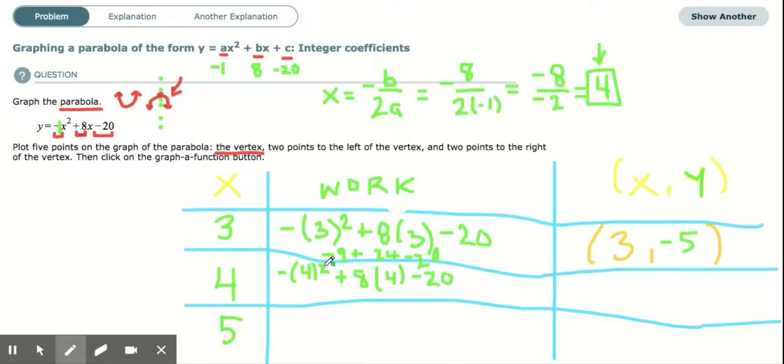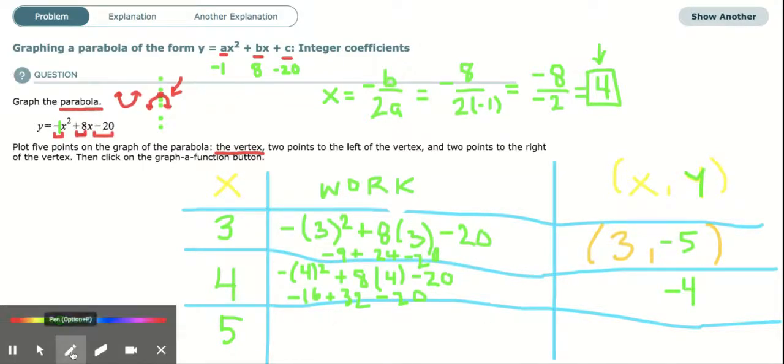So let's see, 4 squared would be 16, so this would be negative 16 plus 32 minus 20. So negative 16 plus 32, that's positive 16, minus 20 would give me a negative 4. So negative 4 is my output when I put in a positive 4.